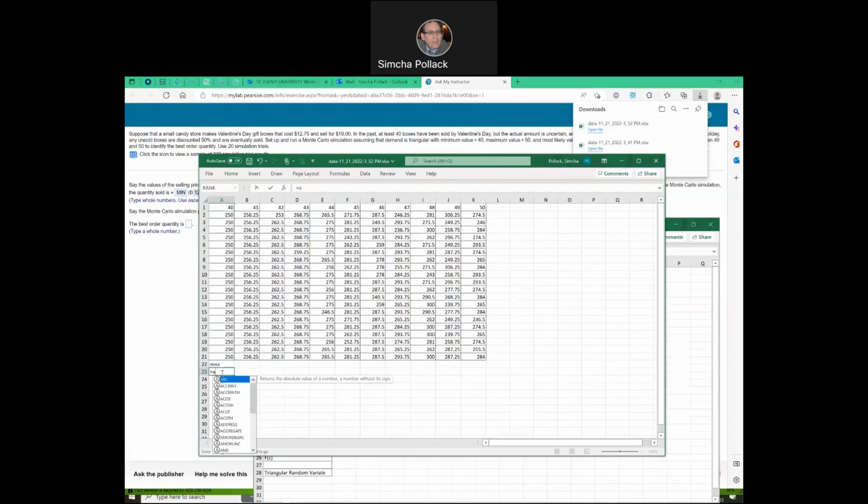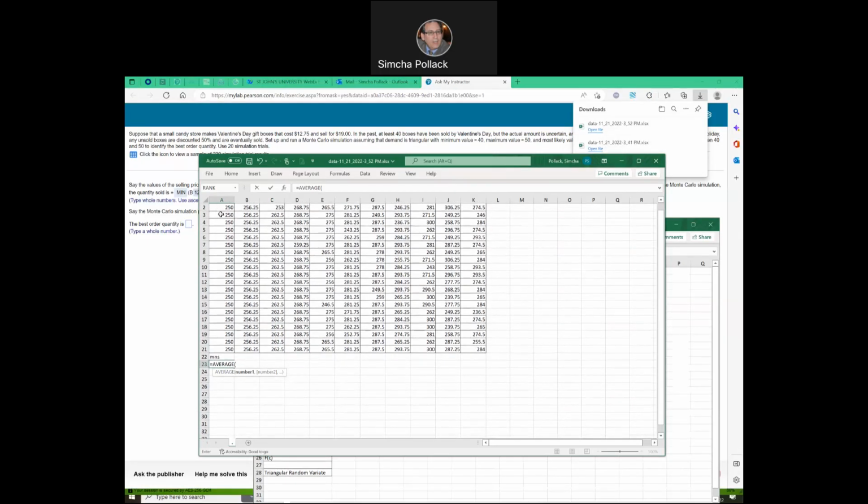So equals the average of these numbers. Remember, 40 is simply A2. How do I get A2 through A21? A1 is just a category heading. Okay, and we take this number and drag it over.